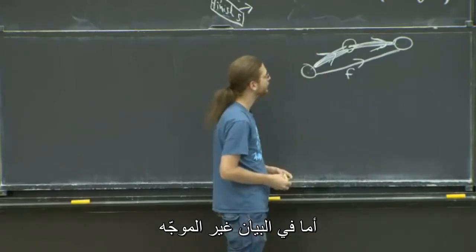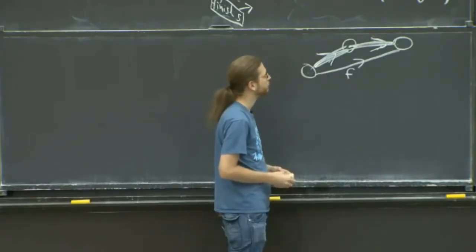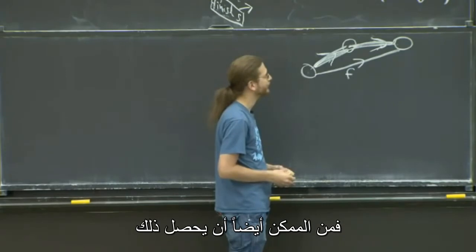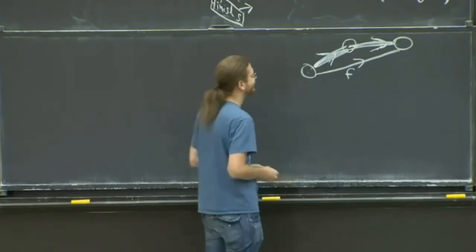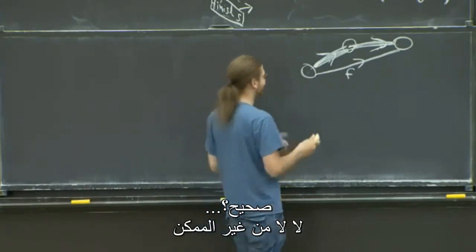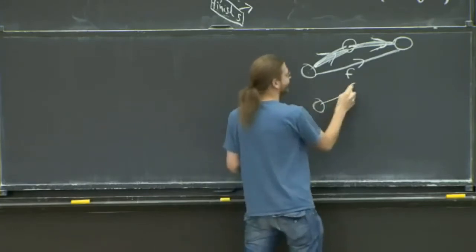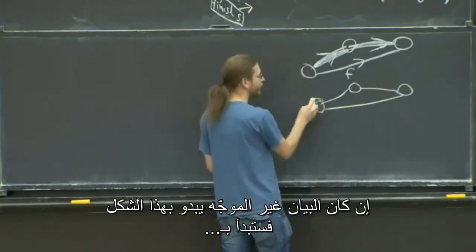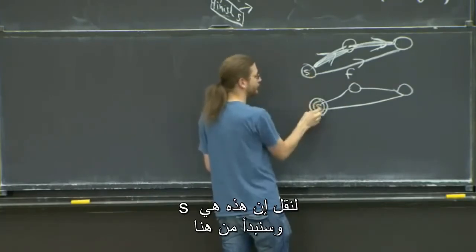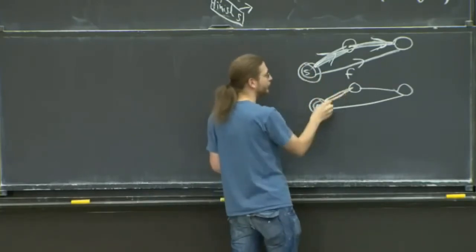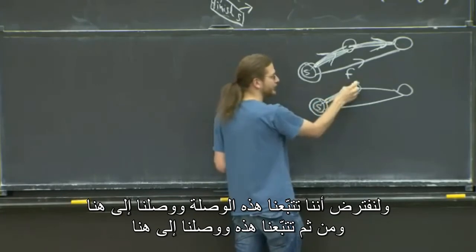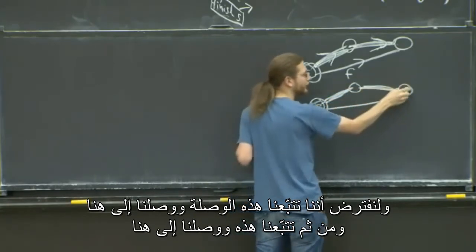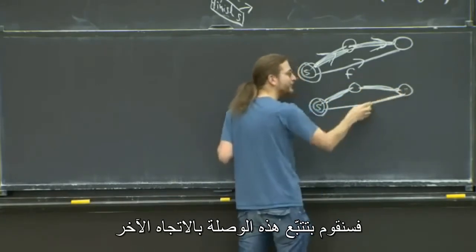In an undirected graph, that can also happen. Right? No, it can't. OK. So confusing. In an undirected graph, if you look like this, you start, let's say this is S. You start here. And suppose we follow this edge. We get to here. Then we follow this edge. We get to here. Then we will follow this edge in the other direction.